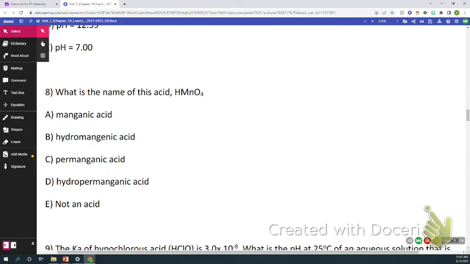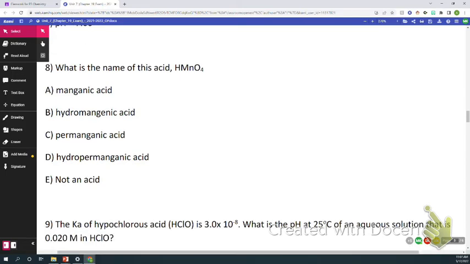Number 8 was naming acids. Do you want to go over that? We have HMnO4. You have to find where this is on the polyatomic ion chart.